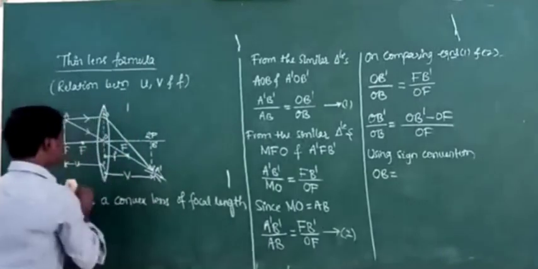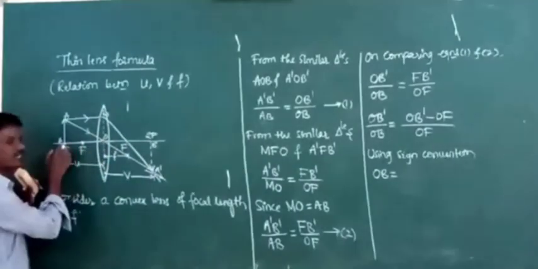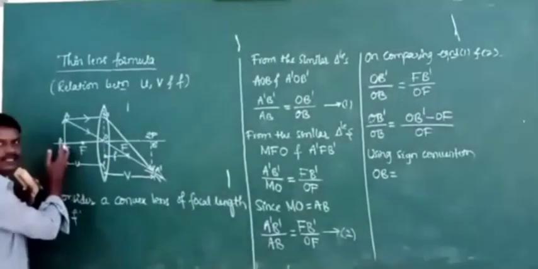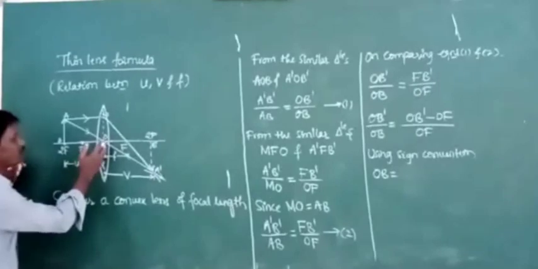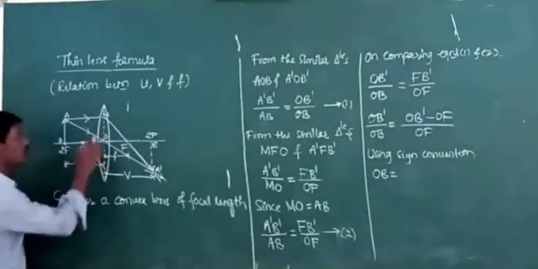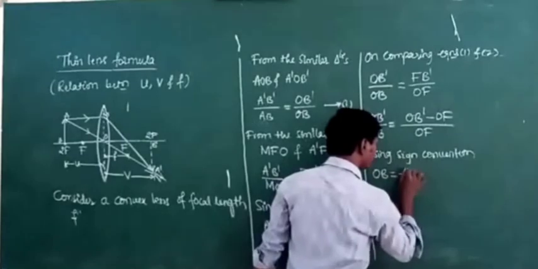OB is at which side? It is at the negative side, that means the left side. Left side means we have to take it as negative, because we measure the distance from the optical center. If the distance is measured in the opposite direction of incident light, it is taken as negative. That is why OB is taken as minus U.